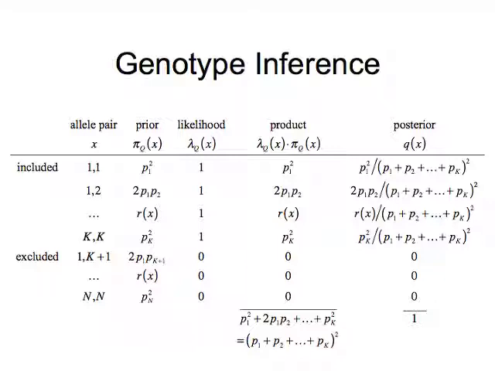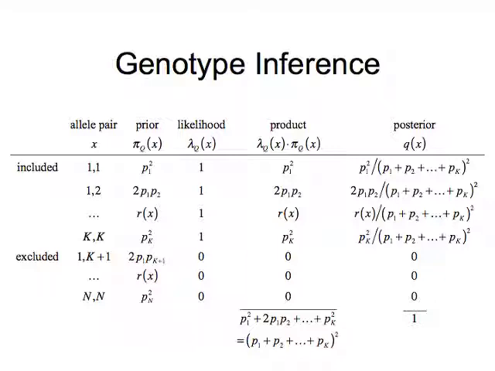The likelihood value is completely arbitrary since it will divide out between the numerator and the denominator. We could have chosen a likelihood value of 100 and 0 or half and 0. It's easiest to use 1 and 0 to represent either being listed on the included allele pair list or not being listed.